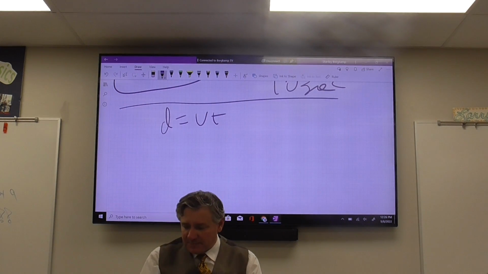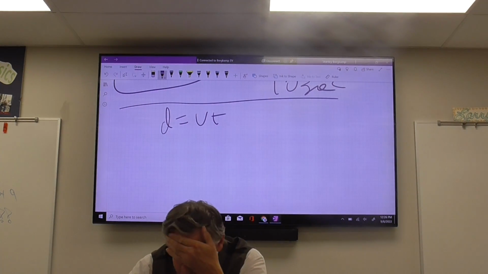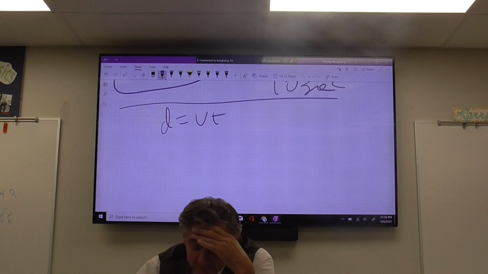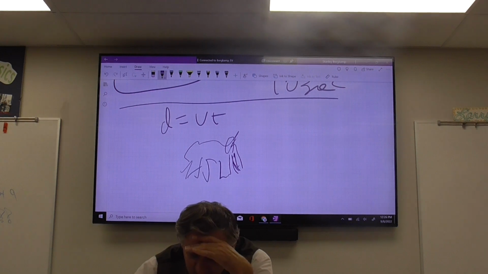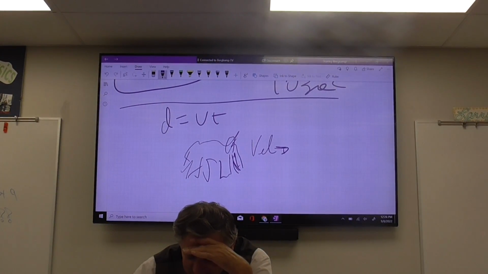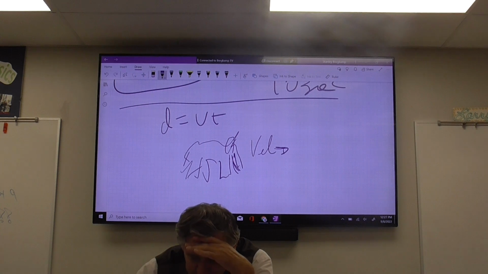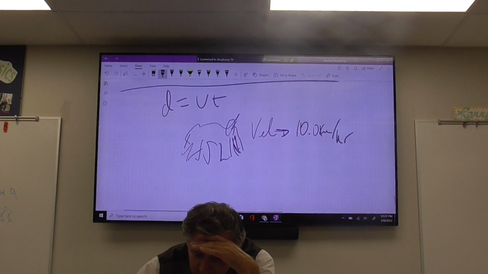So you're going to have a problem like this. Somebody pick an African animal. Okay, so here's a horribly drawn artistic elephant. And he's moving at, somebody pick a number between 5 and 10. 10 kilometers per hour, right?